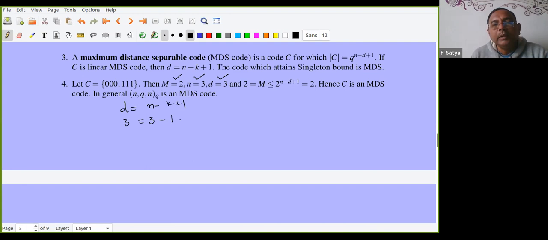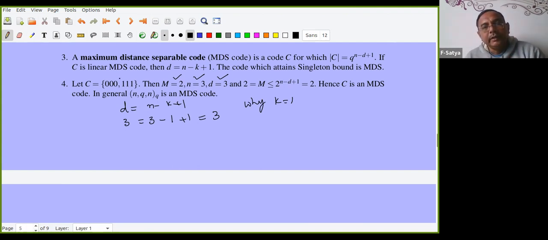Why is k equal to 1? Please respond. If you know, then it is easy.